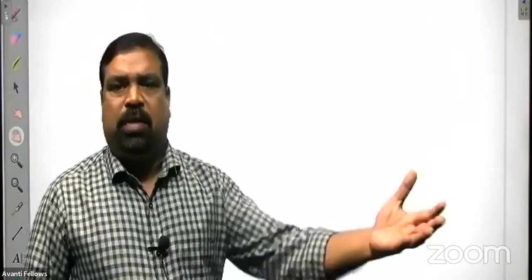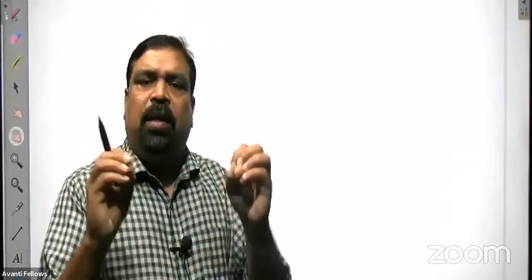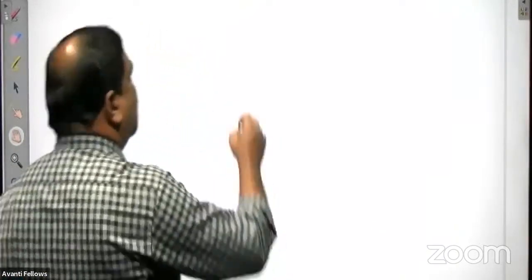And the calculus has two branches: differential calculus and the integral calculus. Differentiation, everything we have already done. Now the second part of the calculus is the integral calculus. And integral calculus has two branches, means two parts actually. One is the definite integral part, and the other is the indefinite integral. Okay. So first we are going to study the indefinite integral. Okay. When a function is given, how to get the integral of that function.